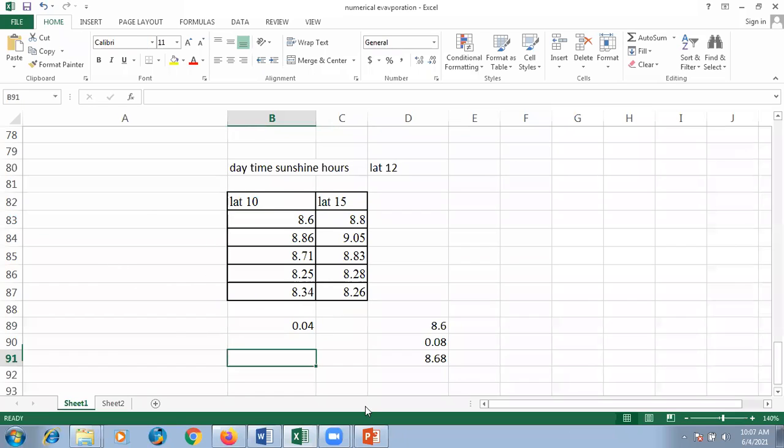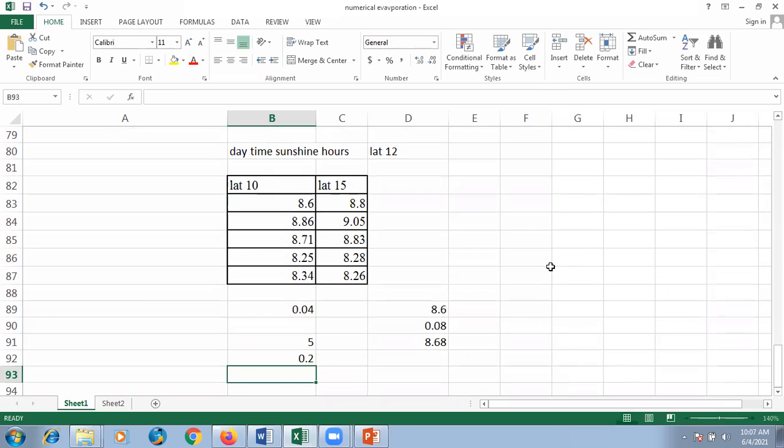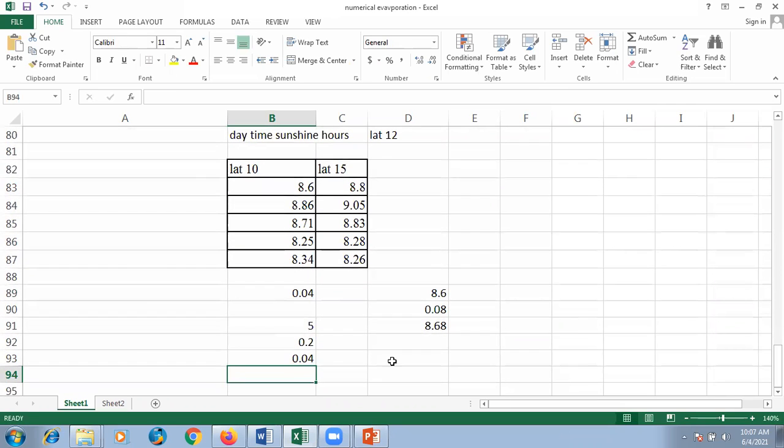Now, what is the difference between 10 and 15? It is 5, right? In latitude, 5 degrees difference. Then what is the value difference between latitude 15 and latitude 10? It is 8.8 minus 8.6. For 5 degrees, it has changed by 0.2. For every degree, how much does it change? It is 0.2 divided by 5 degrees, that is 0.04.